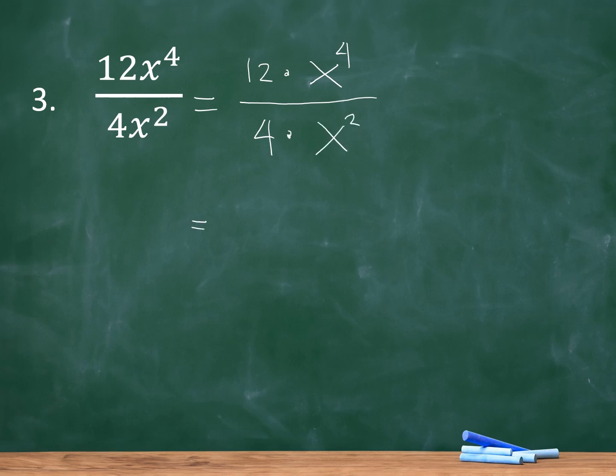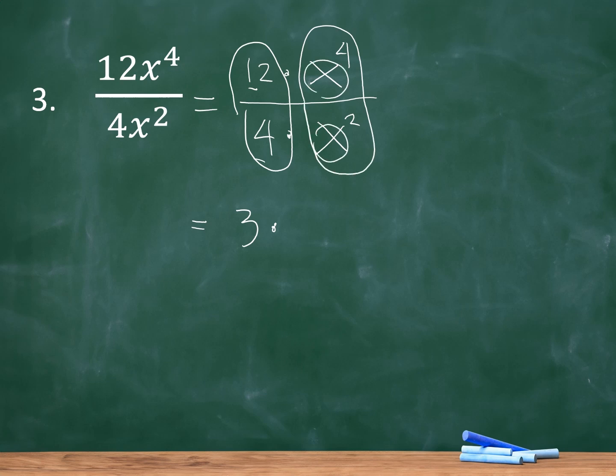Again, we will deal first with the numerical coefficients. 12 divided by 4 is 3 times, for the variables, we will use the law of exponent. We have our common base x, so we copy the common base x, and then we subtract the exponents. We write first the one on top, 4, and then minus the one at the bottom, 2. So that's 4 minus 2.